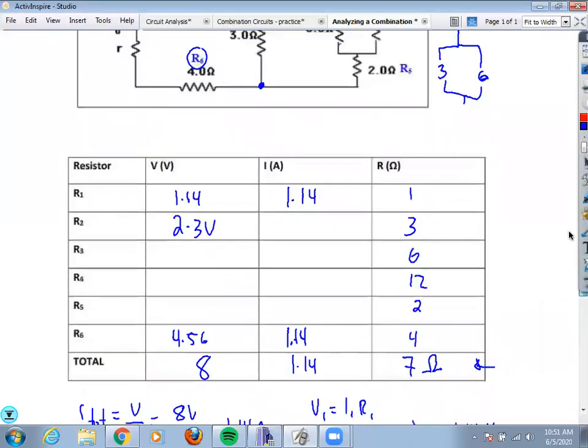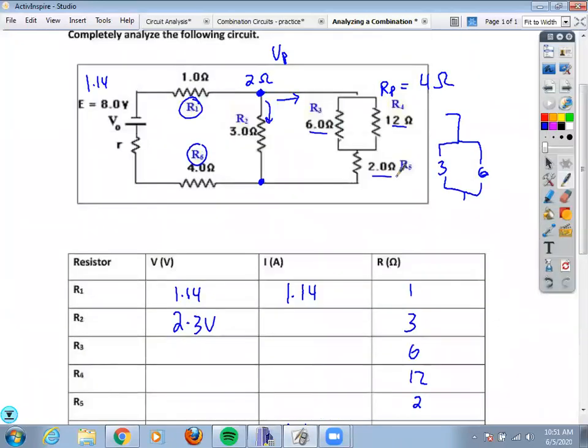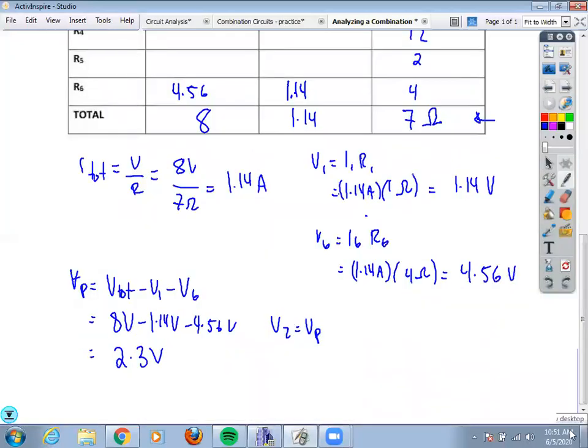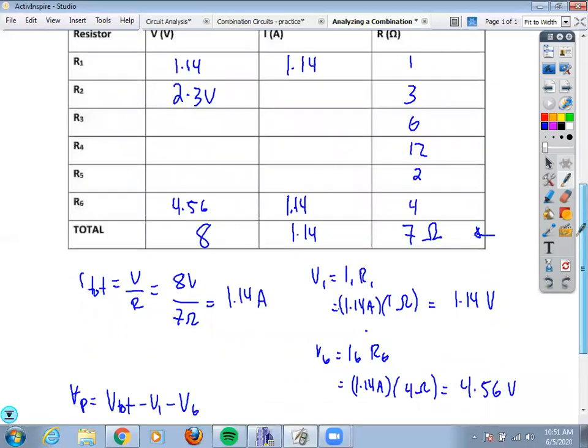We will have to use Ohm's law to find the voltages for our R3, R4, and R5. So now that we know two of the three, we can find how much current goes through R2. So I2 will equal V2 over R2, 2.3 volts divided by 3 ohms.